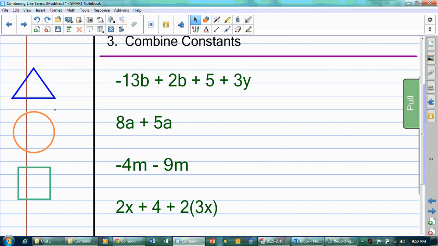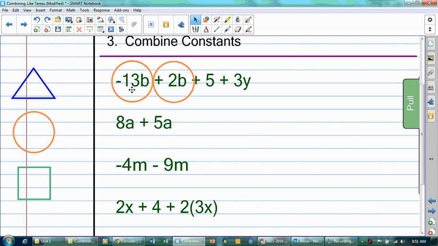It is not required by any stretch of the imagination, but some people find it easier to identify the like terms. So, for example, they would take a circle and say, well, that's a B, and that's a B. So there's my like terms.